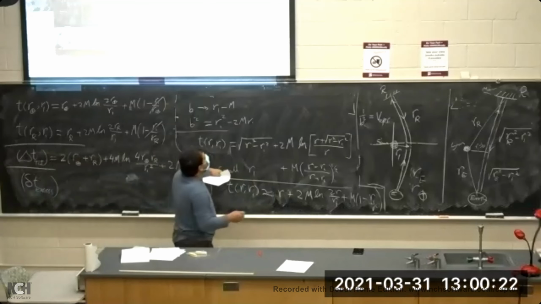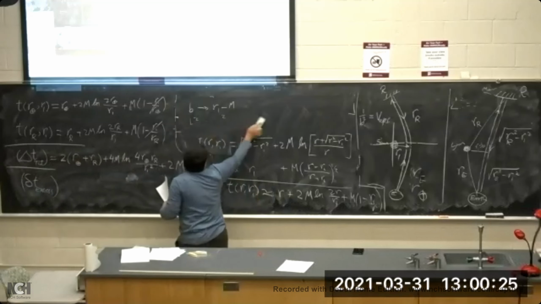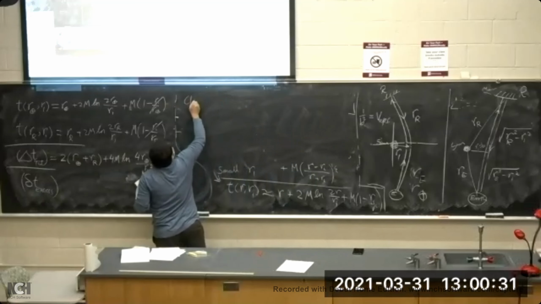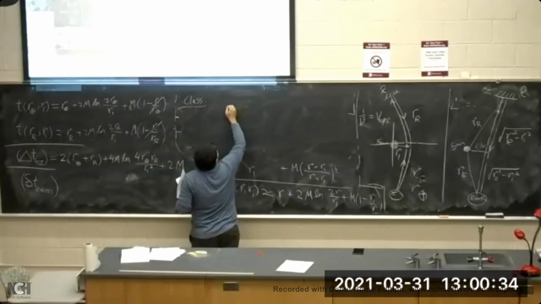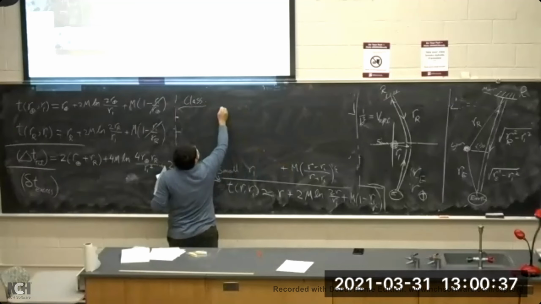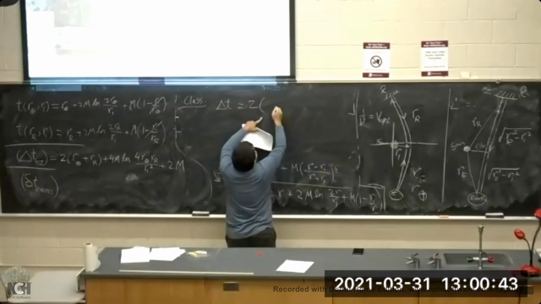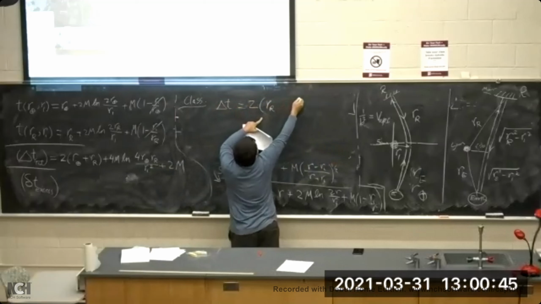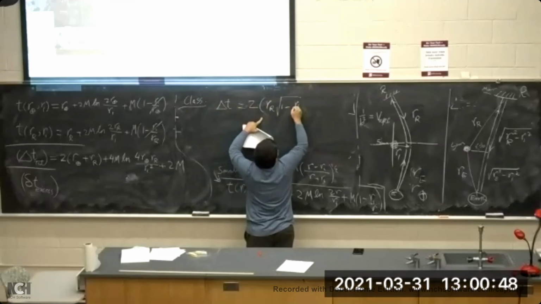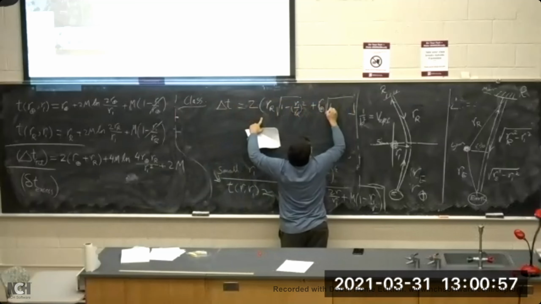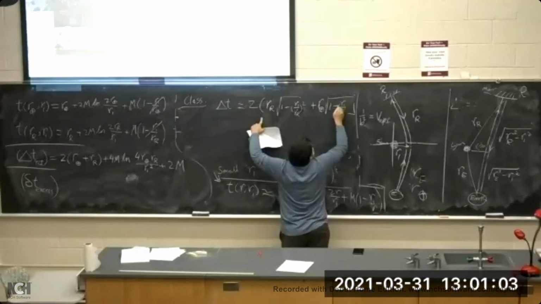Classically, the time is equal to 2 times the square root of R squared minus R1 squared plus the square root of R air squared minus R1 squared.